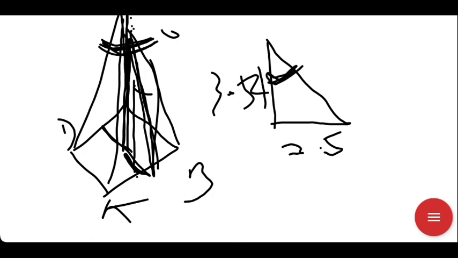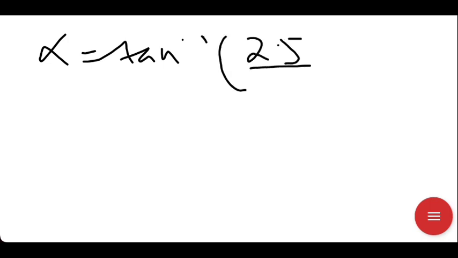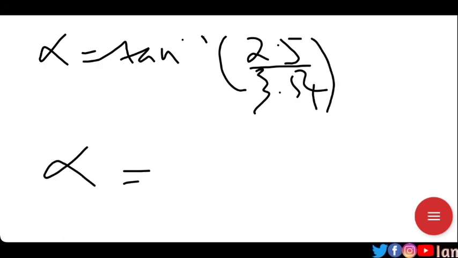I'm going to use tan of the angle there, which is opposite over adjacent, 2.5 over 3.54. So my angle will be the tan inverse of 2.5 over 3.54.